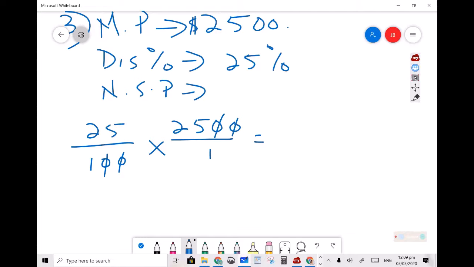And then 25 by 25 will be $625. Again, I am going to take the shortened version. You can actually multiply, right? You can do the multiplication. However, the main focus is calculating your discount and understanding your discount. If they ask for your discount, then that will be a final answer. But if they ask for new selling price, then you would have to minus it from the $2,500.